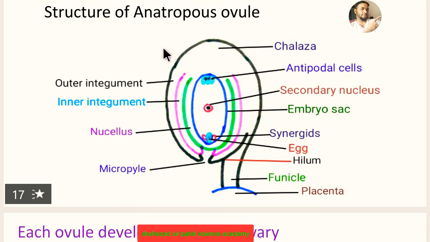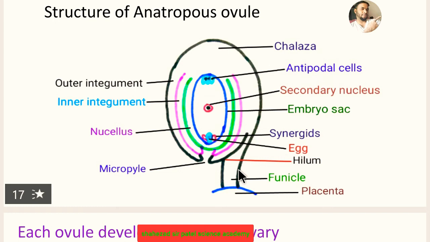Structure of the anatropous ovule: it includes three main parts. Part number one is this part, micropyle. Look at this part. Part number two is chalaza, in front of the micropyle. Beside this micropyle there is a stalk-like structure which is called funicle.